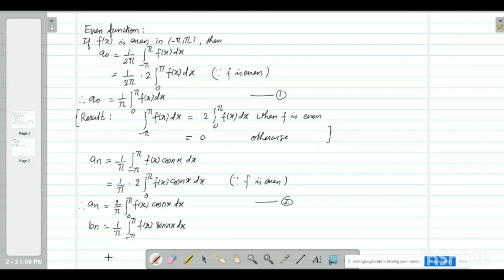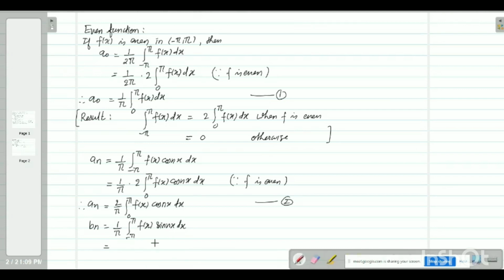But sin function is what? Odd function. I did not define it, later I will define. Sin function is odd function. So this integral value is 0. So therefore you will have b n equal to 0. Name this equation number 3.